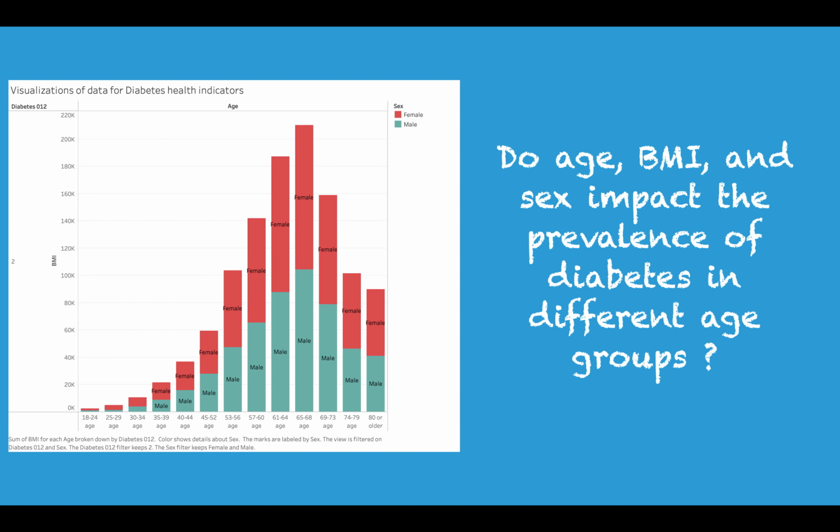It is evident from this graph that males have higher BMI ratios than females in all age categories except for those between 57 to 60. So this data implies that gender, age and BMI may all have a significant role in the development of diabetes.